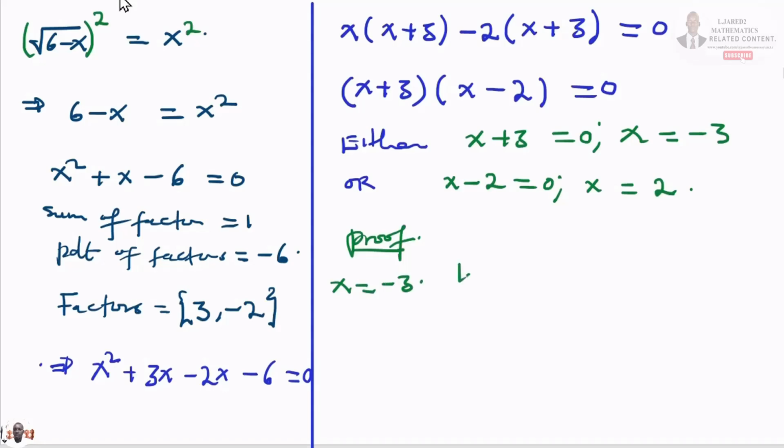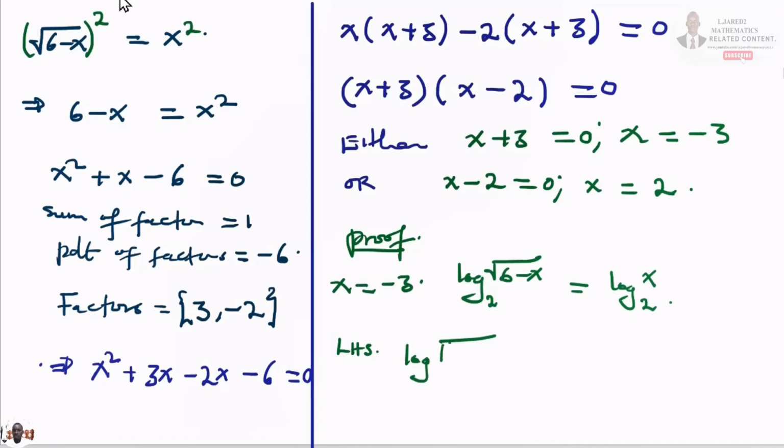Remember, we have log of the square root of 6 minus x being equal to log of x base 2. Let us try to substitute x equals negative 3 in the expression on the left hand side. So on the left hand side we would have the log of the square root of 6 minus, but our x is negative 3, base 2.